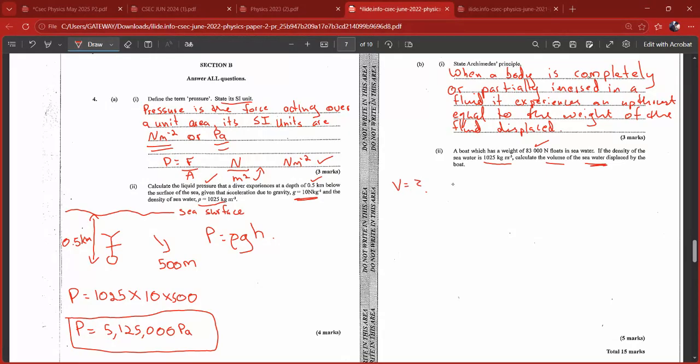So we would say that the weight of the boat would be equal to the weight of water displaced.